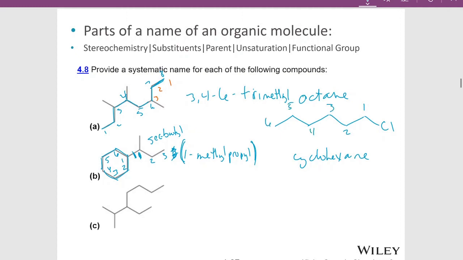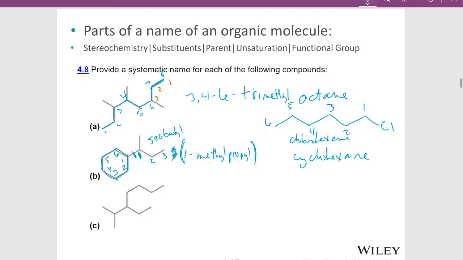So this would be 1-chlorohexane. But since that's at the first carbon, the chlorine, I can just leave that 1 off, and we could call that chlorohexane, because the substituent is understood to be at the first carbon if that number isn't given.